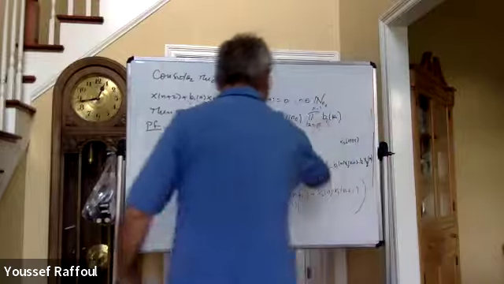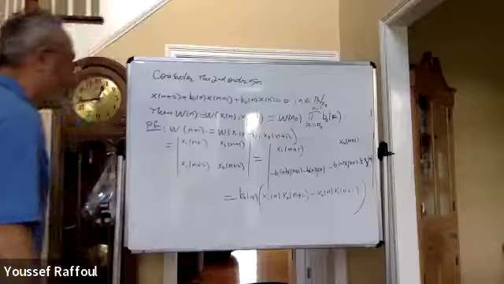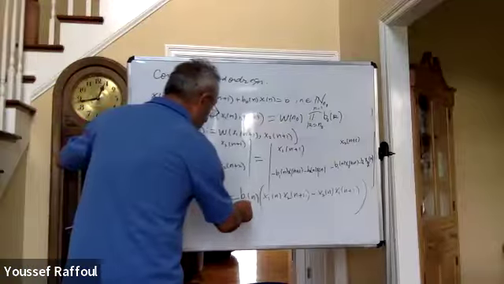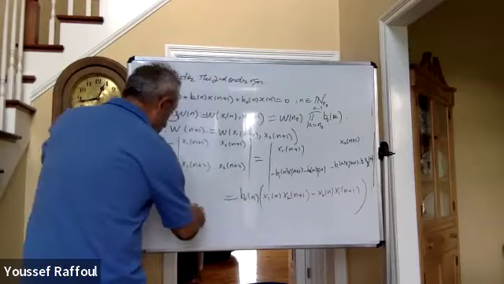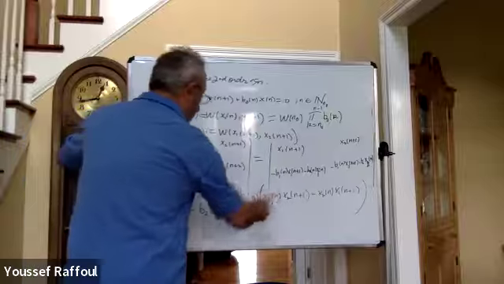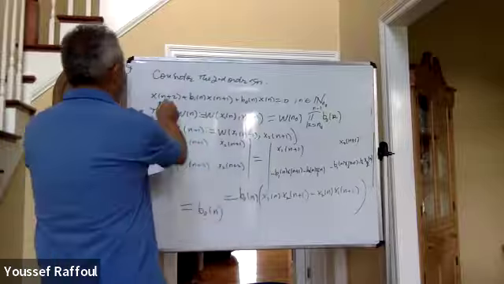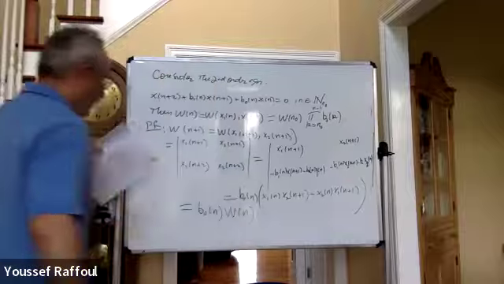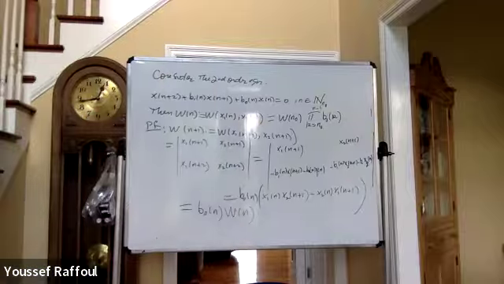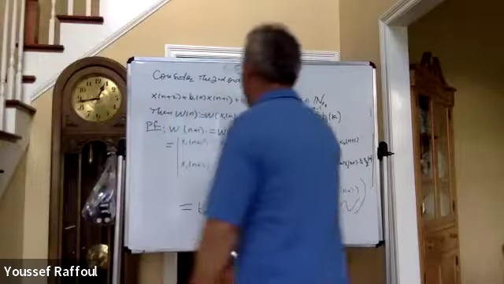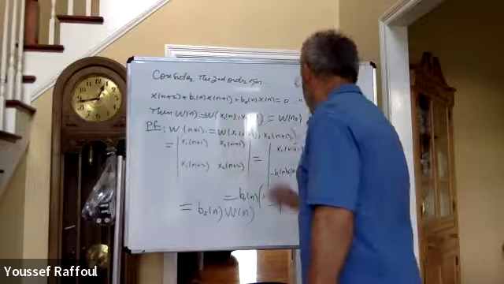If you do all this and do the correct calculation, and this is minus b naught, and so this is b naught of n. What is that? That is W of n. Okay? This one is W of n, which is W.